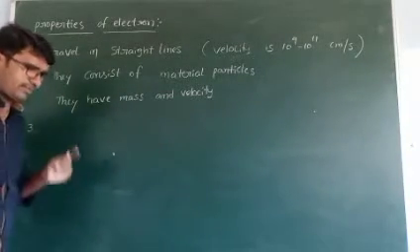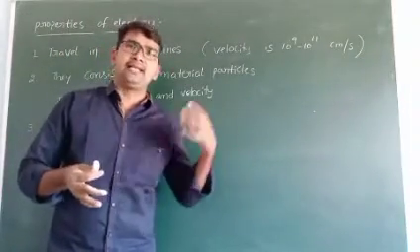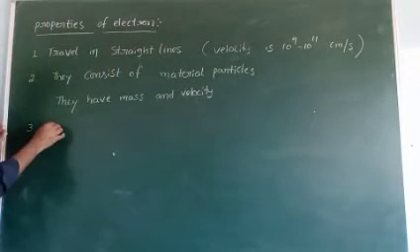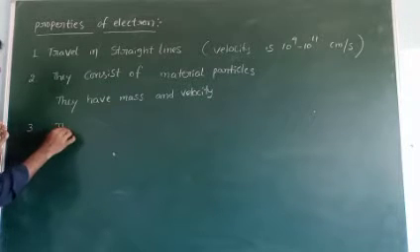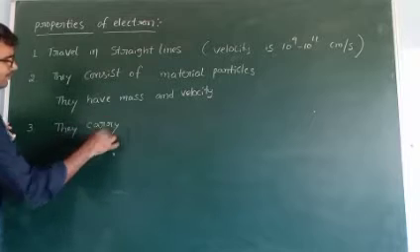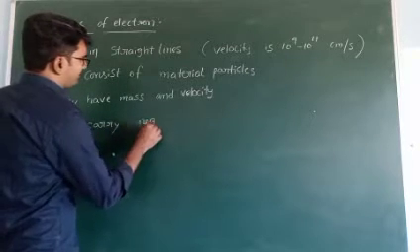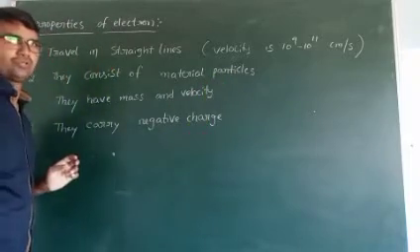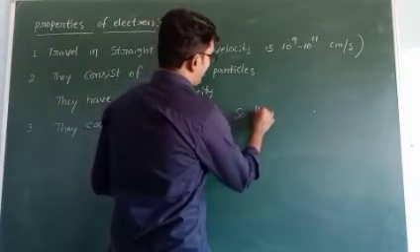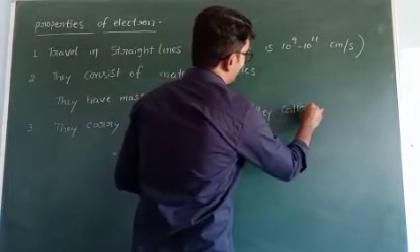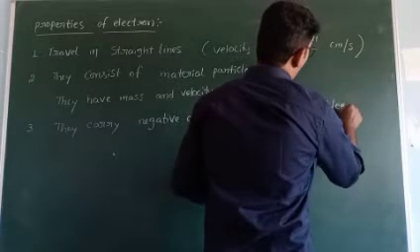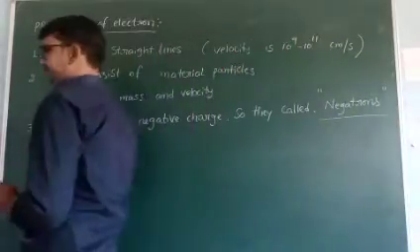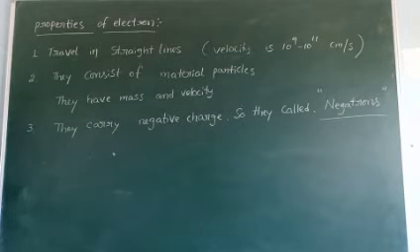If any particle carries a negative charge, it is called a negatron. So they carry negative charge, so they are called negatrons. Okay? They are called negatrons.